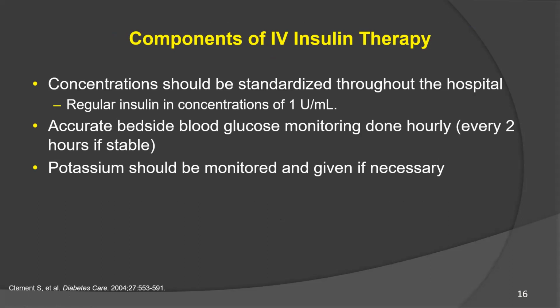Everyone should know that regular insulin in a concentration of 1 unit per ml is supposed to be used for any type of insulin infusion setup. Accurate bedside glucose monitoring should be done hourly, or every 2 hours if the patient is stable, and it depends on the diabetes team who will guide further as to what to do. Potassium should be monitored and given if necessary.